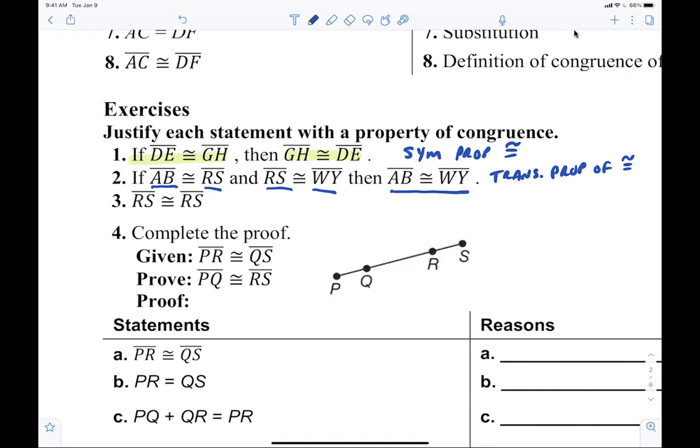And then why is RS congruent to RS? Reflexive. That is correct. Reflexive property of congruence. All right. Anybody have any issues?